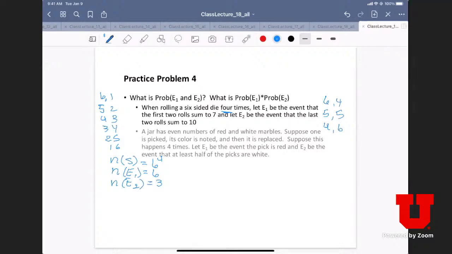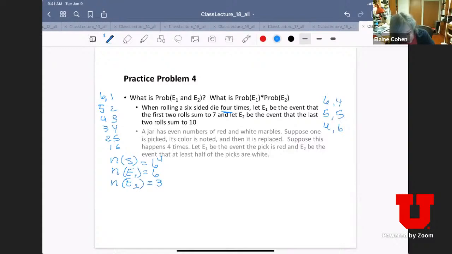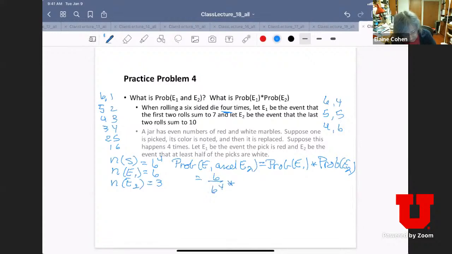So they're independent. Since they're independent, the probability of E1 and E2 is equal to the probability of E1 times the probability of E2, which is equal to 6 over 6 to the 4th times 3 over, no, that's 6 squared.